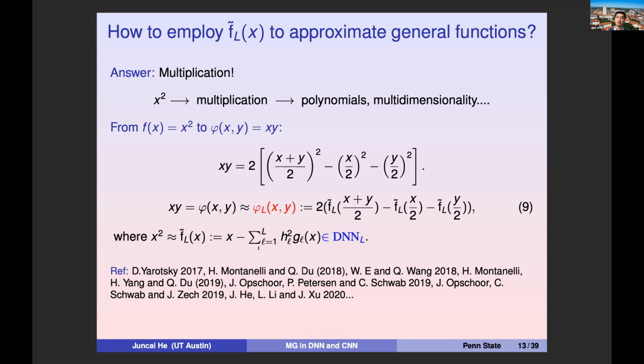Then you can involve any classical method, like a spectral method, and also the high order finite element method. You can involve all this kind of classical result to obtain some new approximation result.